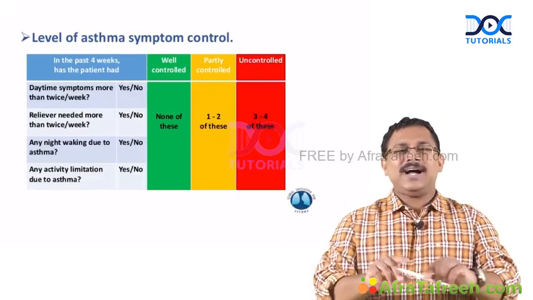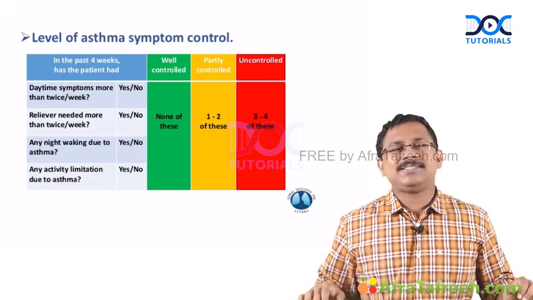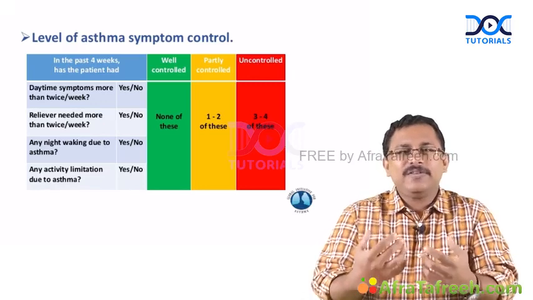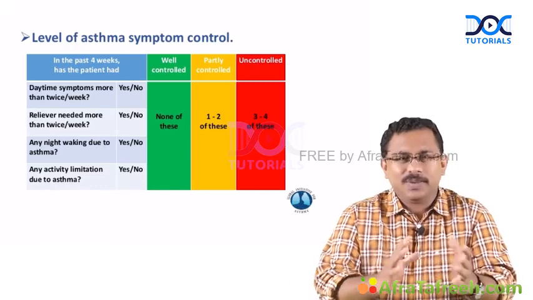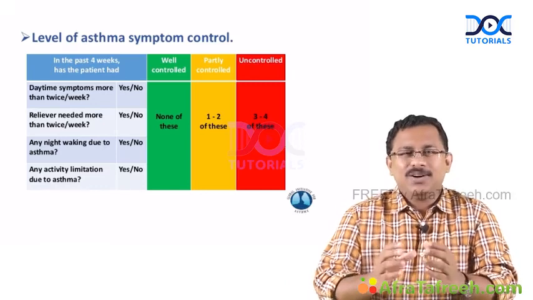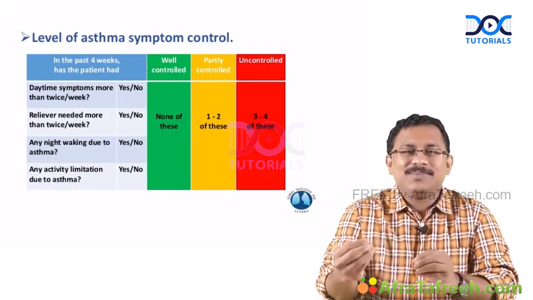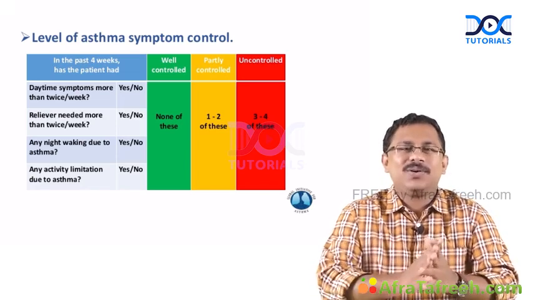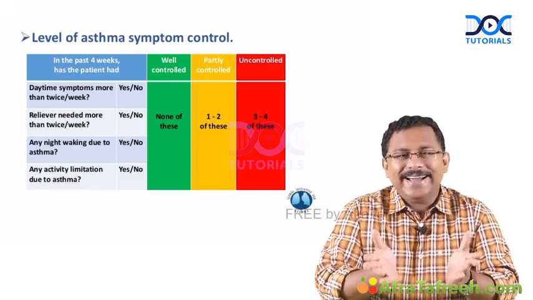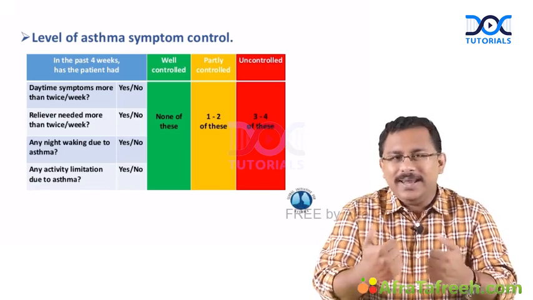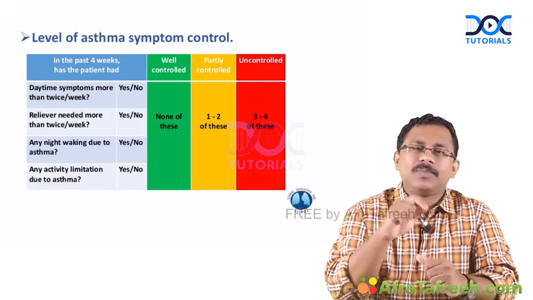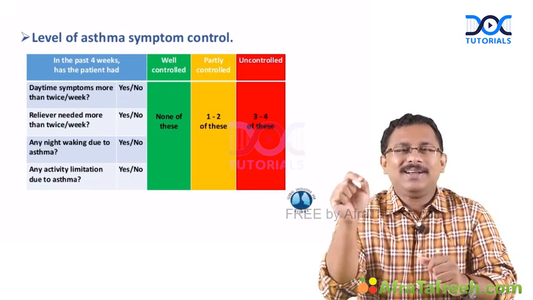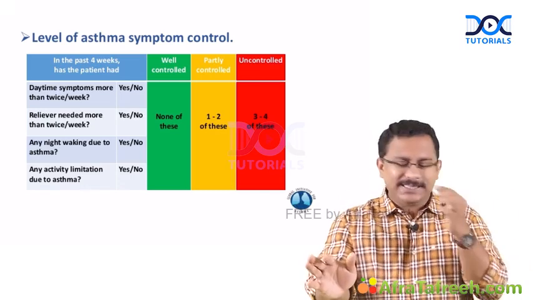Now suppose you have started the patient on all these medications. When the patient is coming for follow-up, how do you assess whether the patient has control or not, using terminologies like well controlled, partially controlled, uncontrolled? The slide that I am showing you now is from the 2019 guidelines. The 2021 guidelines do not use these terms.